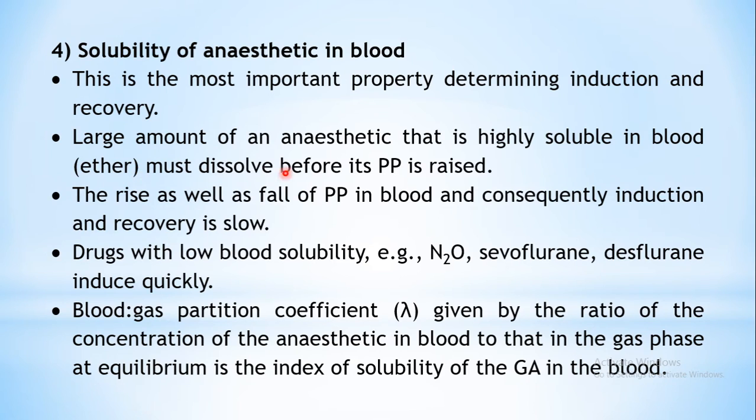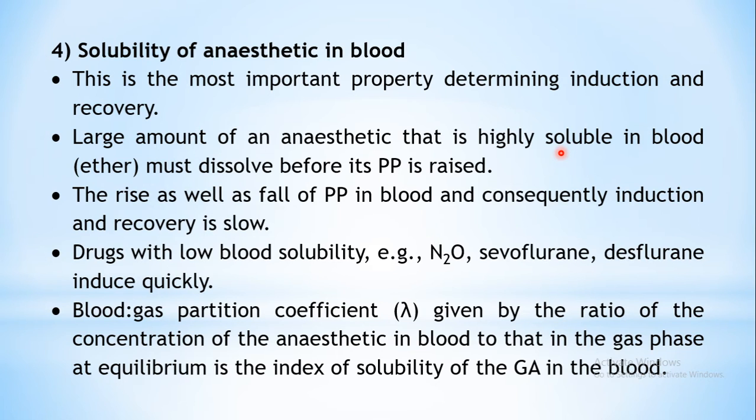So in that case your drug should first dissolve in your blood for it to raise its partial pressure in the blood. Unless and until this partial pressure is raised in your blood, it will not be taken to your brain. So entry in the brain also will get affected, because here it is taking time to raise its partial pressure in the blood because of its high solubility. So that's a very important factor.